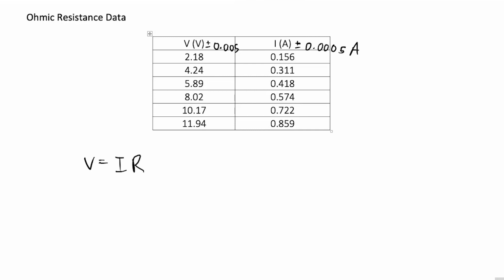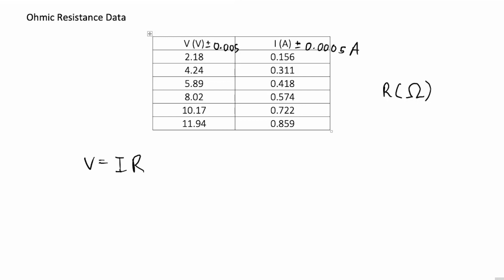So I is the current measured in amperes. I put the units in. V is the voltage, the potential difference measured in volts. So we've got both of those. And what we're going to be looking for is R, the amount of resistance of this particular circuit in ohms. Greek letter capital omega is our symbol for ohms.